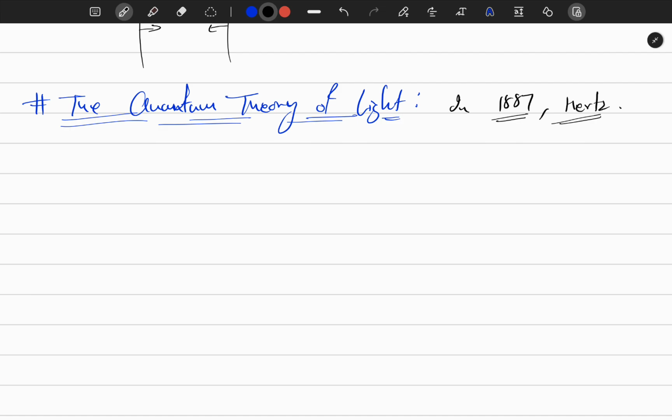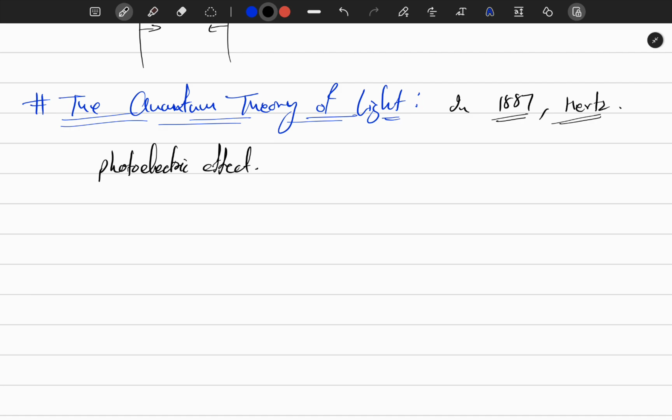This phenomenon is known as the photoelectric effect, and cannot be explained by the theory based on the wave model of light.